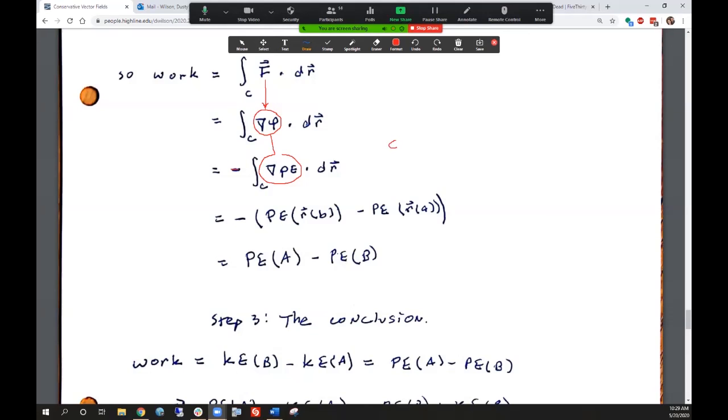Since it's conservative, we can use our fundamental theorem of line integrals. And so we just look at the difference in the two potential energies: potential energy at the end minus the potential energy at the beginning, and then this negative is still hanging around out front, which causes the whole thing to turn into potential energy at A minus potential energy at B would be the total work done.